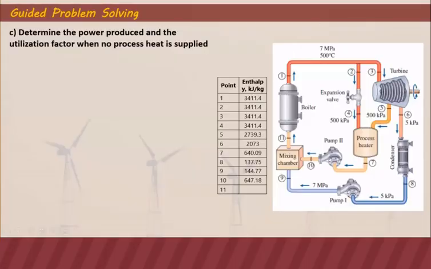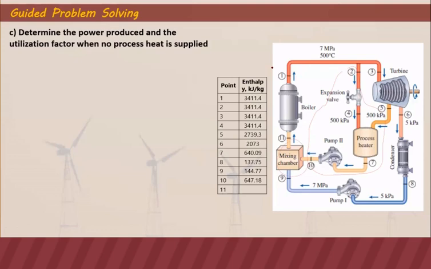Next, we determine the power produced and the utilization factor when no process heat is supplied. So when no process heat is supplied, all the energy from the boiler will go to the turbine, meaning this part here doesn't exist. So the process heater, the pump 2, the expansion valve, and the mixing chamber won't exist.